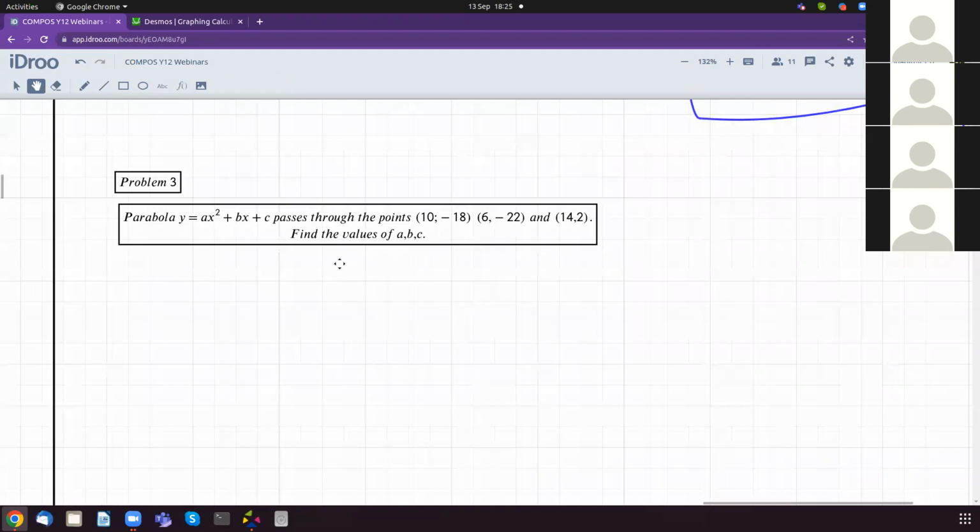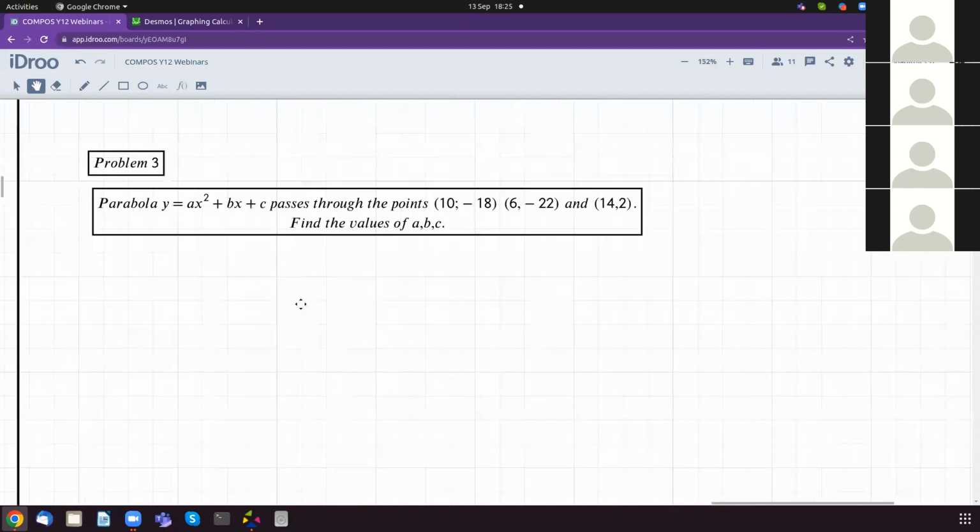There's something a little bit more fundamental in this question. If I give you 2 points, there's exactly one line that you can draw through 2 points. If I give you 1 point, there's infinitely many lines you can draw. But with 2 points, there's exactly one straight line.